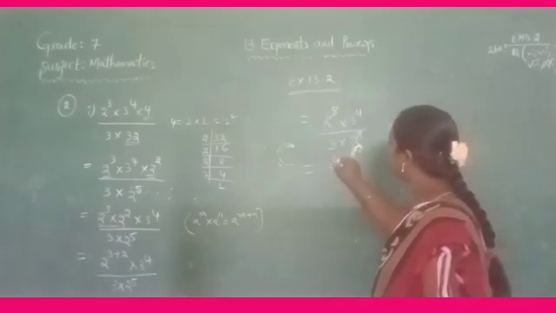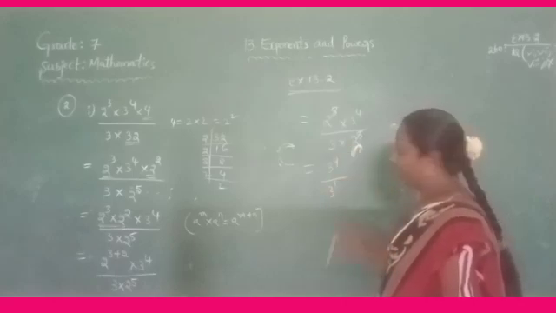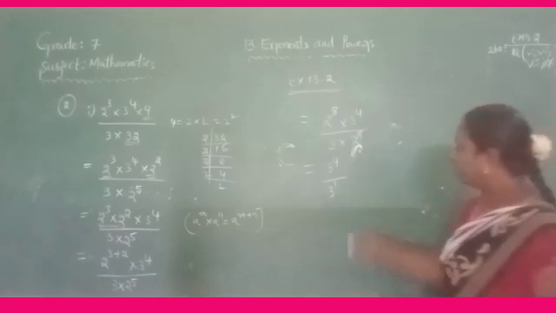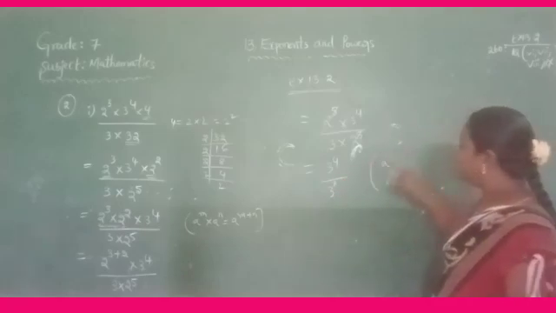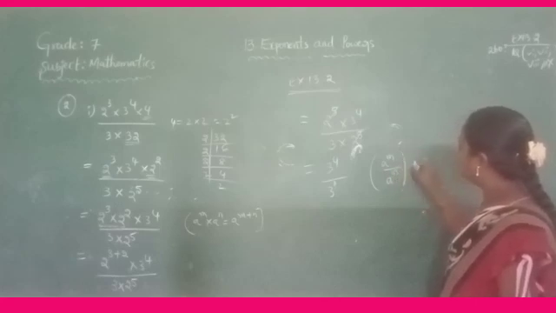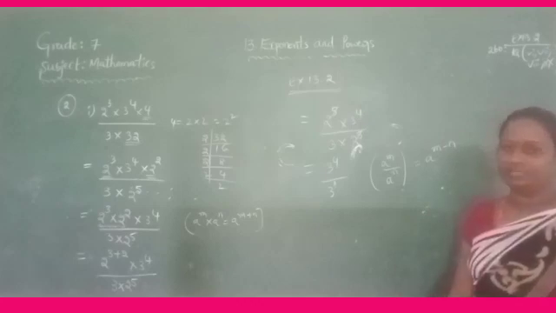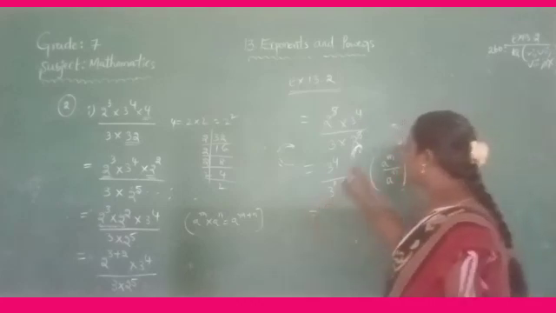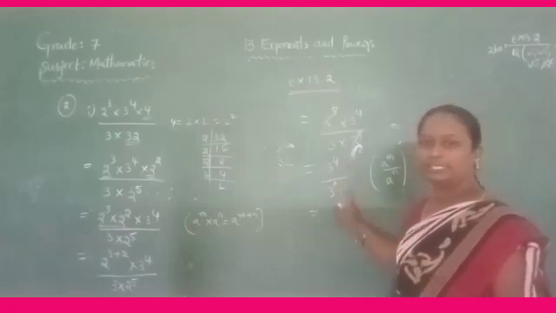Okay. Then 3 to the power of 4 divided by 3. So there is no exponent. We can write there is a 1, 3 to the power of 1. So which law here helpful to us? A to the power of m divided by a to the power of n, then a to the power of m minus n. So in the division, bases are same, the exponents are different.